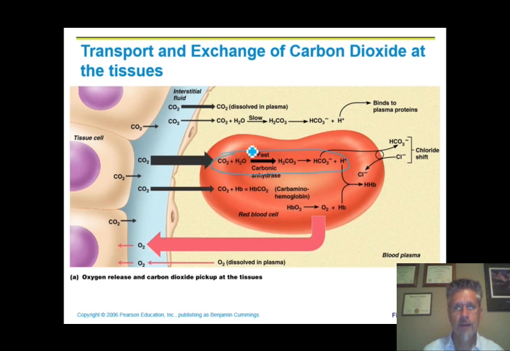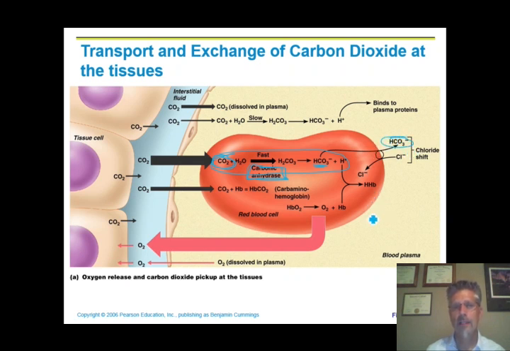This is going to be very important in the respiratory system. It's also going to be very important when we start talking about acids and bases. And what you see, sorry that I drew through it, is that there's an enzyme in red blood cells that facilitates the change of carbon dioxide in its native form, like you see here, into bicarbonate. And as we change it into bicarbonate, that's going to be the primary way that we are transporting it in the blood, in the plasma.